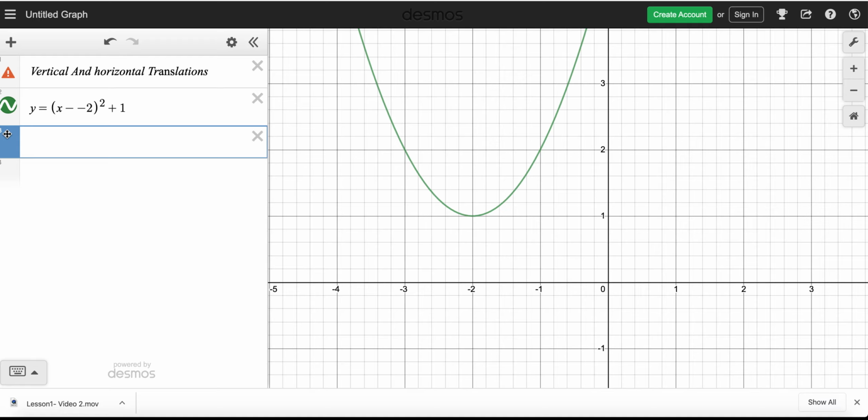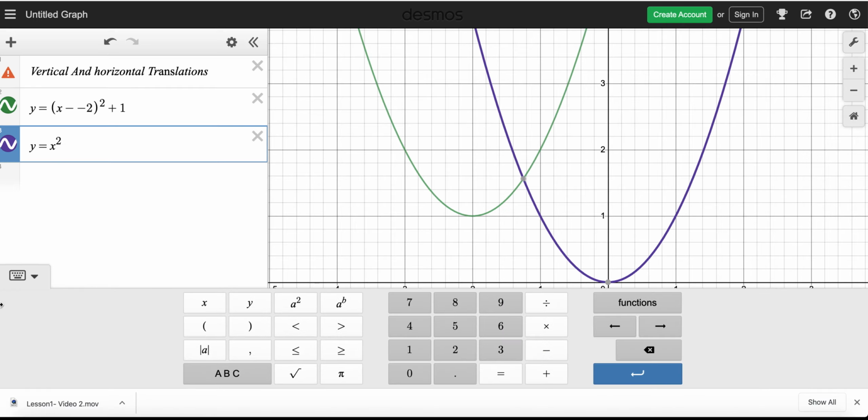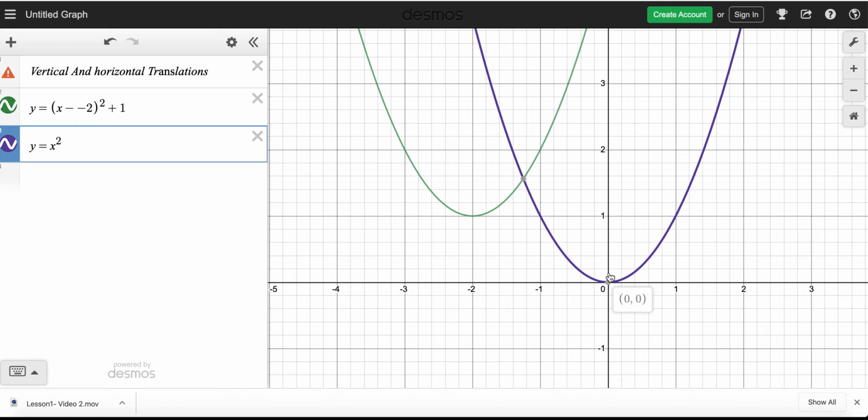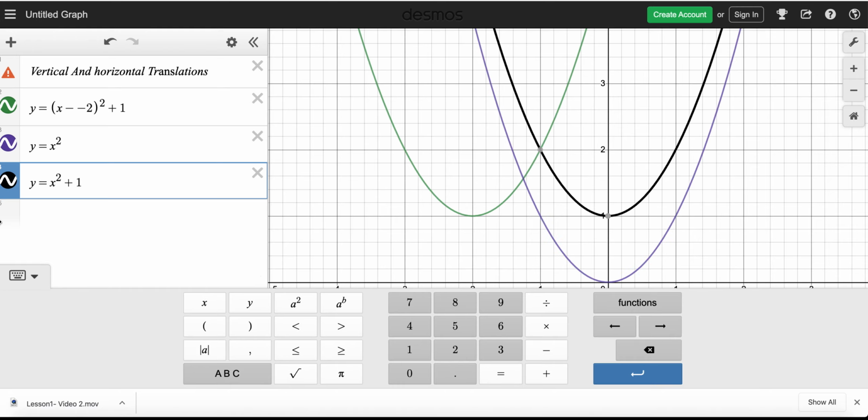So that's y equals x squared, the original one. We shifted it up by 1 first, so y equals x squared plus 1. That's the black curve.